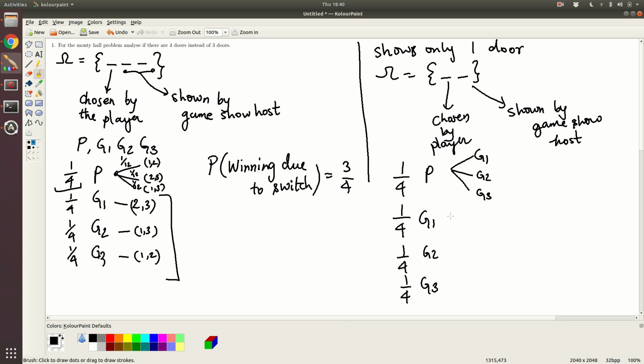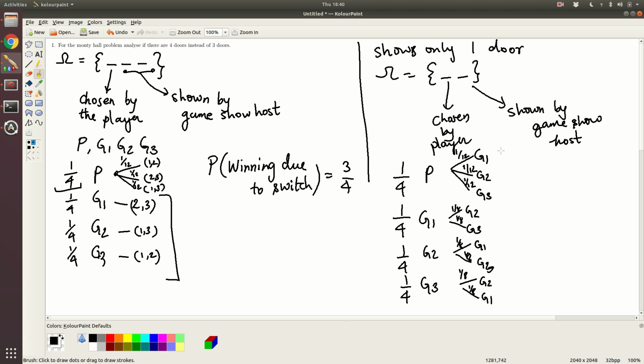In this case he has two choices, G2 and G3. So G1 and G2, G3, G2 and G1, something like this. Now this is total 1/4, so this will be divided into three parts. This is 1/12, 1/12, 1/12. This will be 1/8, 1/8, 1/8, 1/8, 1/8, and 1/8.